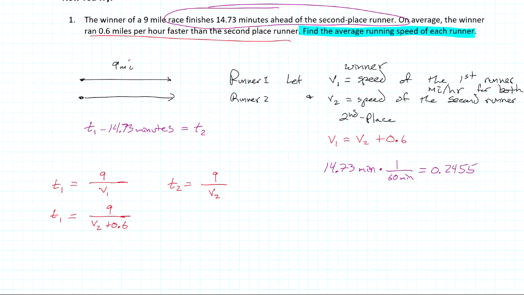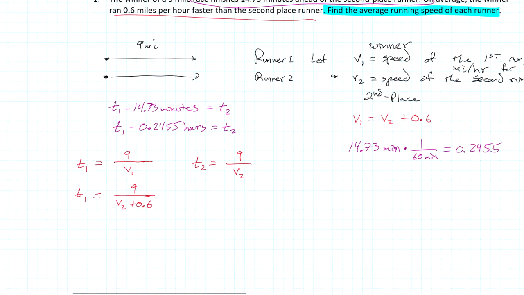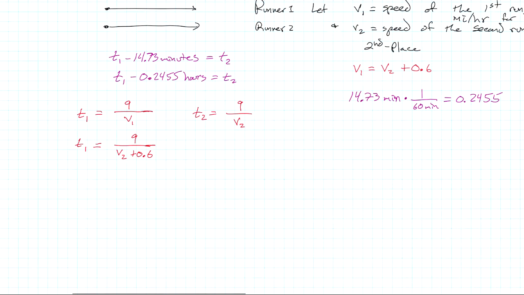So this is T1 minus 0.2455 hours equals T2. So now our units are matching with the miles per hour like we want. So I can go ahead and plug in the T1 and T2 in red for the T1 and T2 in the equation that relates them.